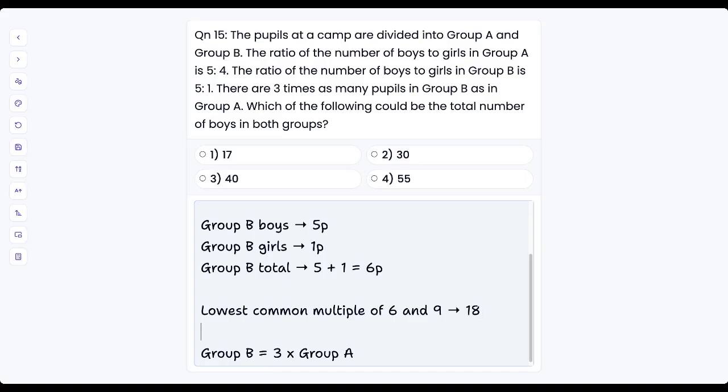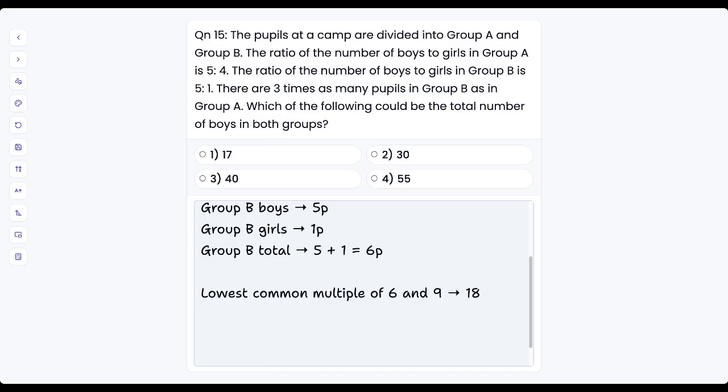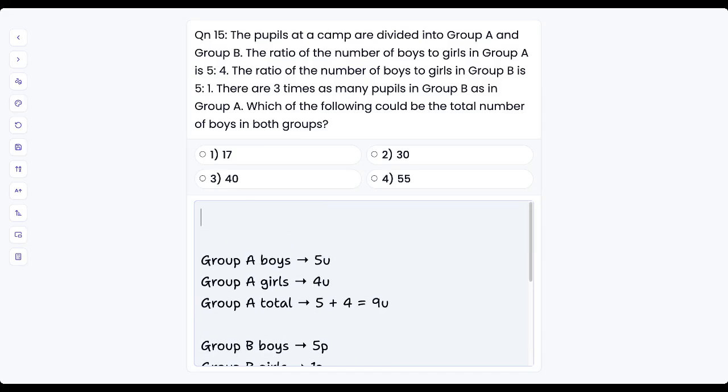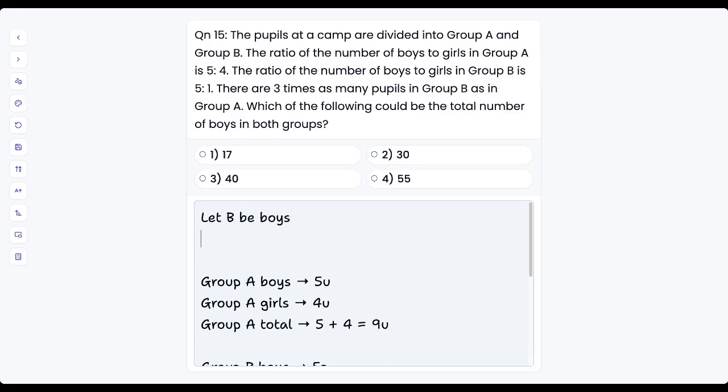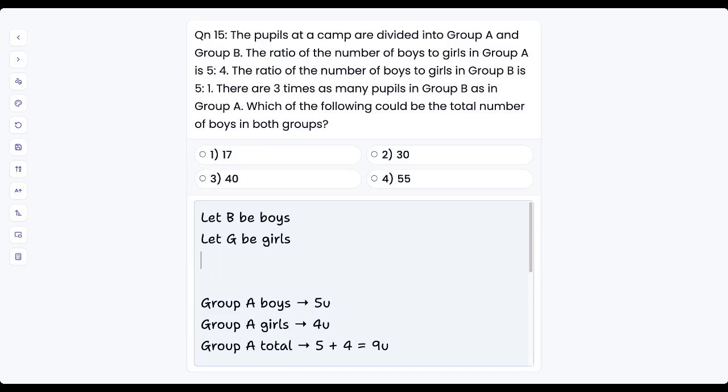So that means for group A, I also want to put a short form. Let B be boys, let G be girls, and let T be total.